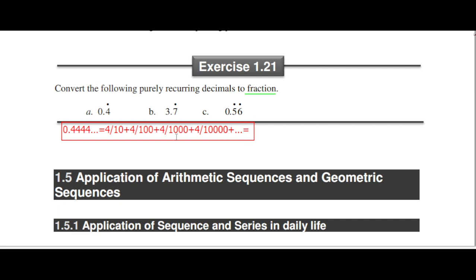This is a geometric series with the first term 4 over 10 and common ratio r equal to 4 over 100 divided by 4 over 10, which is 1 over 10. So here the first term a1 is 4 over 10.